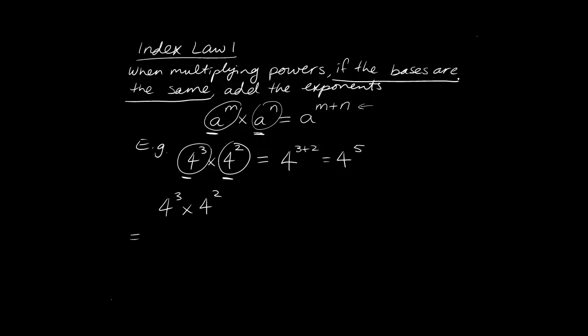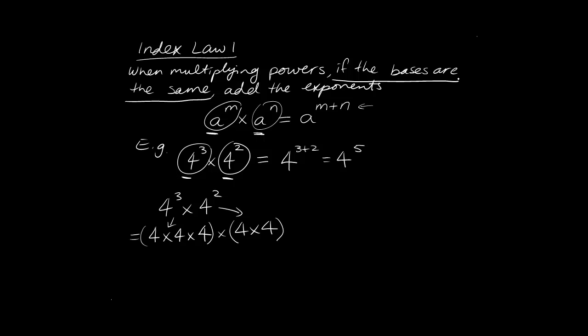What does 4 cubed really mean? 4 cubed actually means 4 times 4 times 4. Okay. And 4 squared actually means 4 times 4, isn't it? Okay. So we've actually got the 4 cubed and the 4 squared.